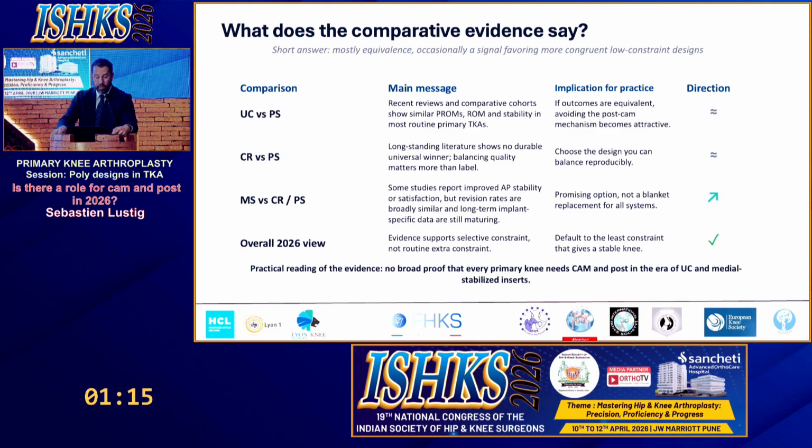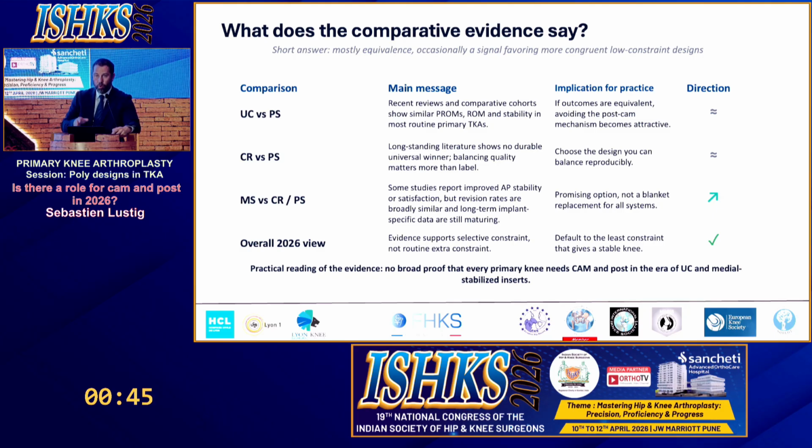If you look at the evidence, you have a couple of comparative studies trying to see if PS is superior to ultra-congruent, cruciate retaining, and medial stabilized. And honestly, overall, it's showing that adding the post-cam constraint every time is not proven to be the right way to do it, and trying to go for the least constraining implant is probably the way to consider doing total knee today.